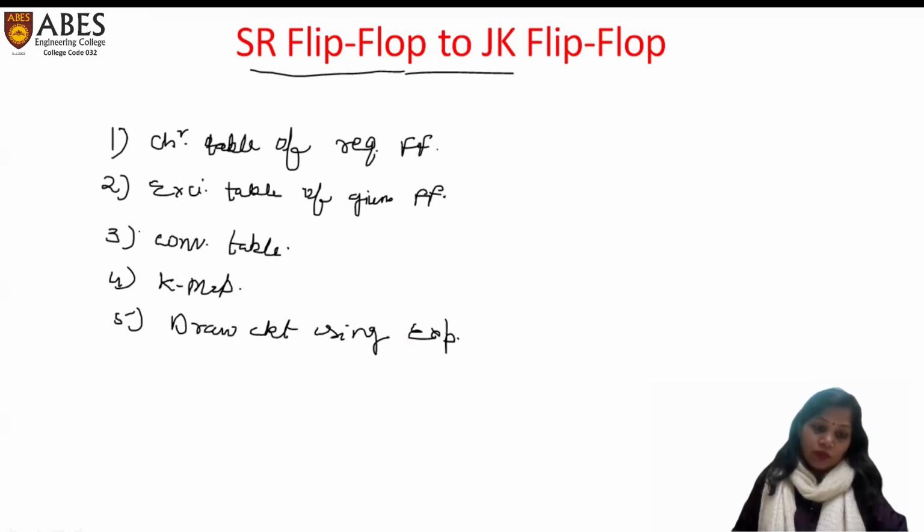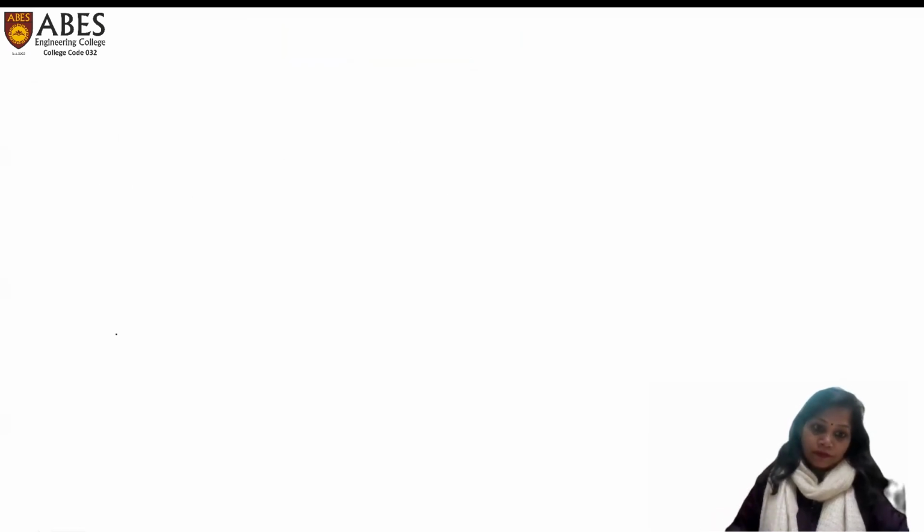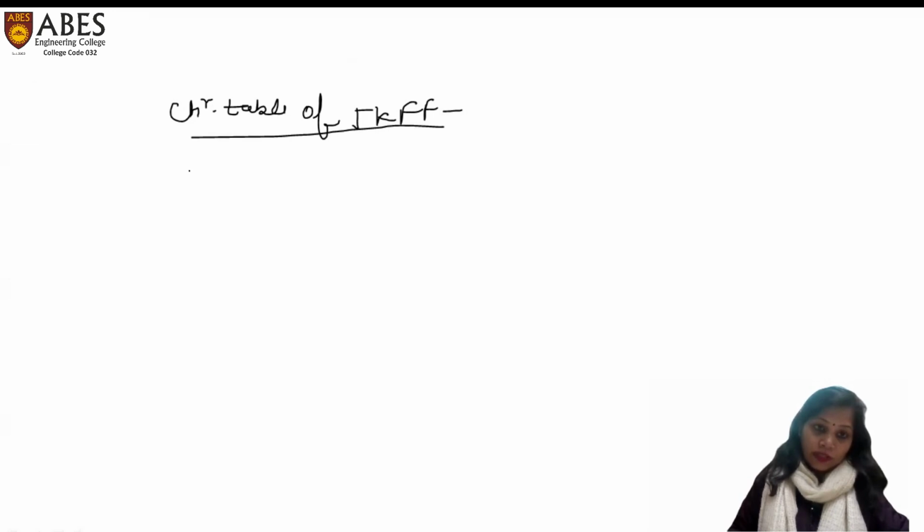First we have to draw the characteristic table of the JK flip-flop. For the characteristic table, we have present state Qt, inputs J and K, and output Qt plus 1.